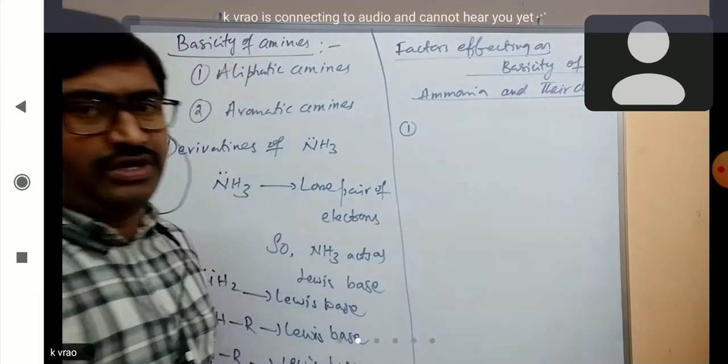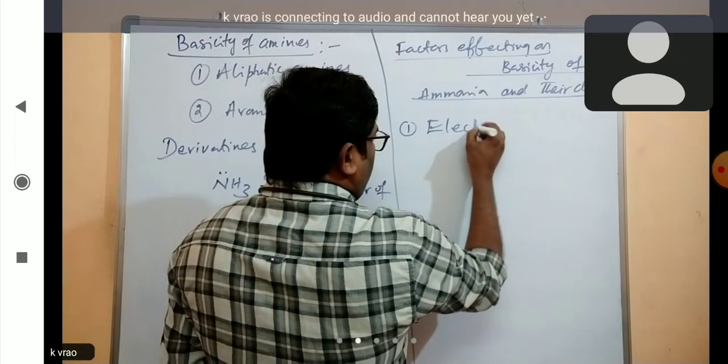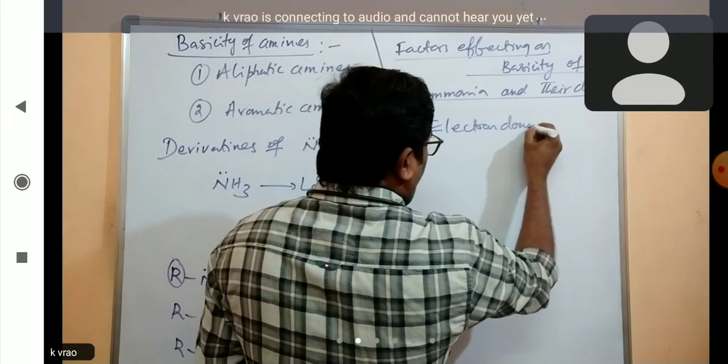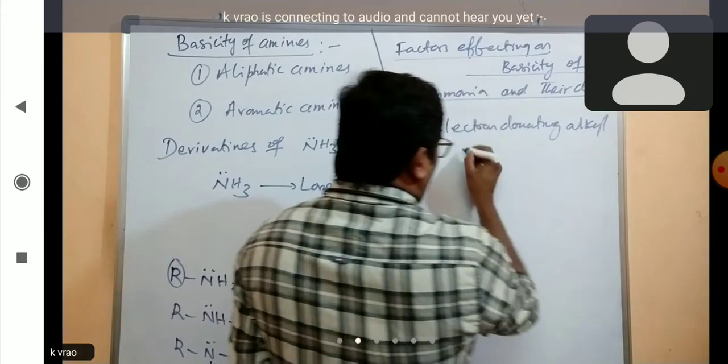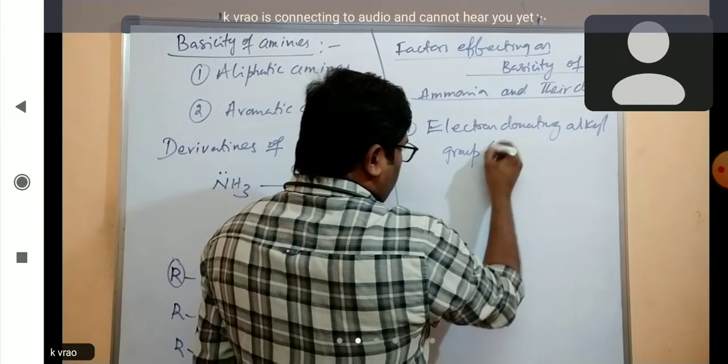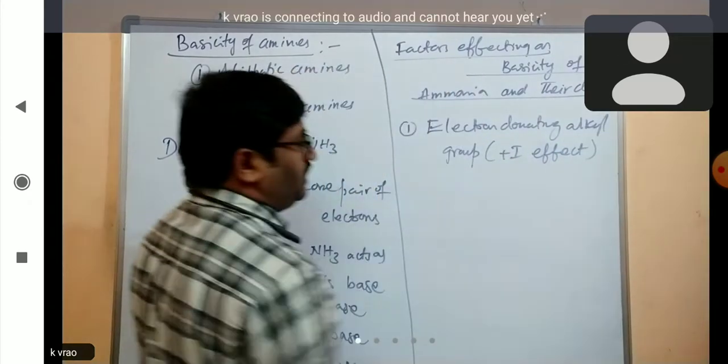First factor, number one, is electron donating alkyl groups, that is, the plus I effect, inductive effect.